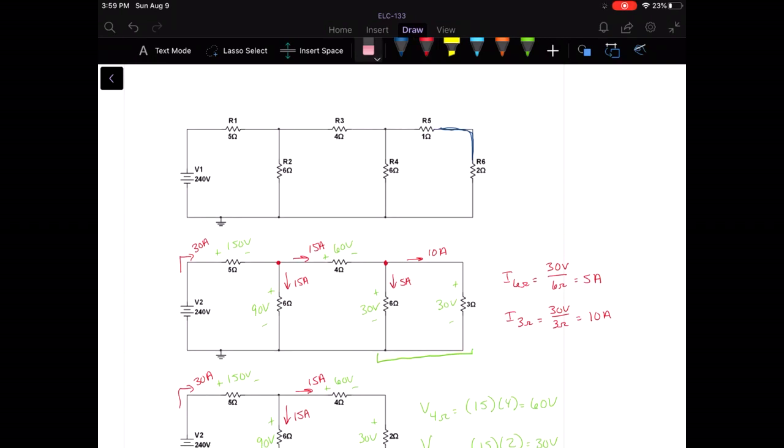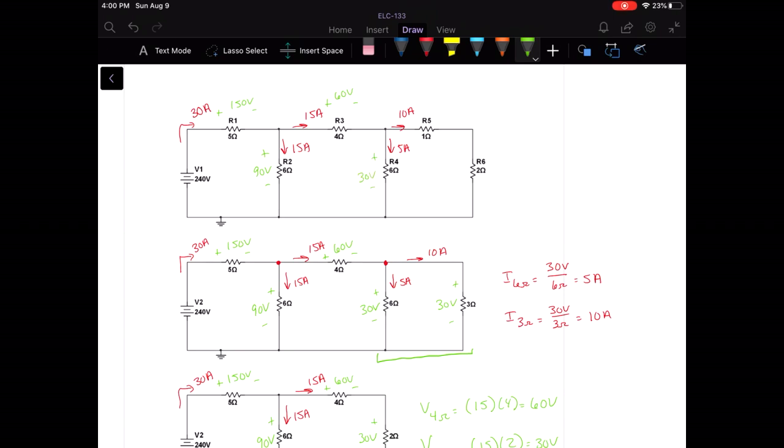So I'm just going to transfer everything back up to the original circuit, and we're almost finished. Write in all the currents. And then we've got 5 amps here, 10 amps here. We have 150 volts here, 90 volts here, 60, 30.